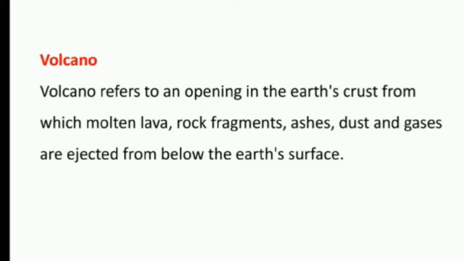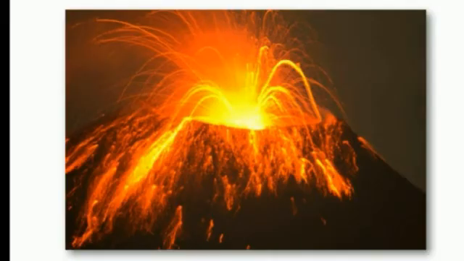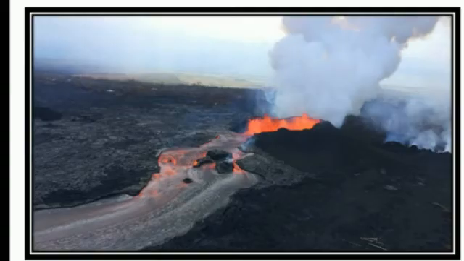Now, the next disaster is the volcano. A volcano refers to an opening in the Earth's crust from which molten lava, rock fragments, ashes, dust, and gases are ejected from below the Earth's surface. So, a volcano is basically an opening of the Earth's crust. In one particular location, you can see a sudden bursting of the Earth's crust, usually in a circular shape.